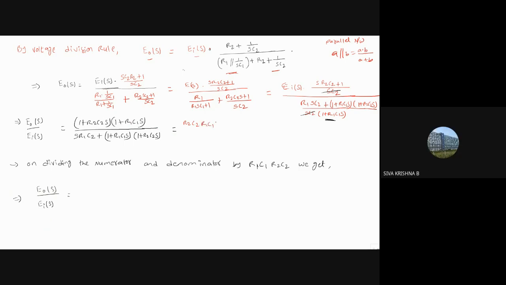Very good. So that is 1 plus S plus 1 by R2C2, S plus 1 by R1C1, whole divided by the denominator. It is not possible to do anything here.